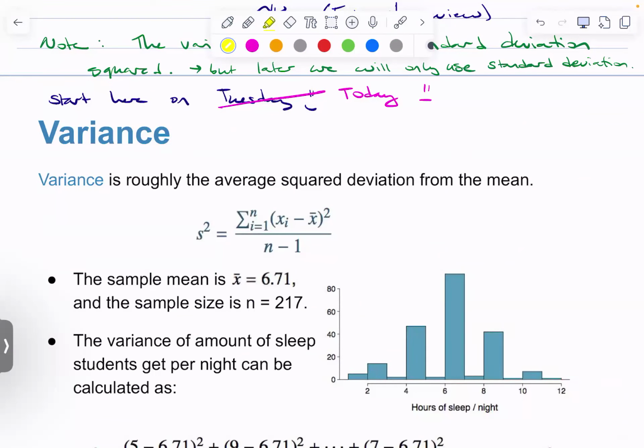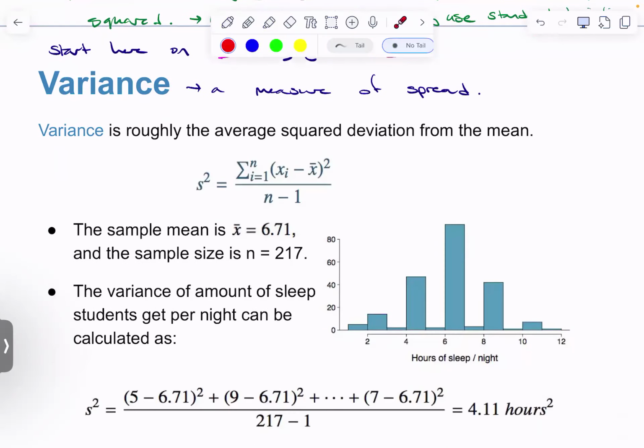Now, if you ignore the summation for just a second, what it does is it takes each value of x and subtracts the mean, which means first you have to find the mean.